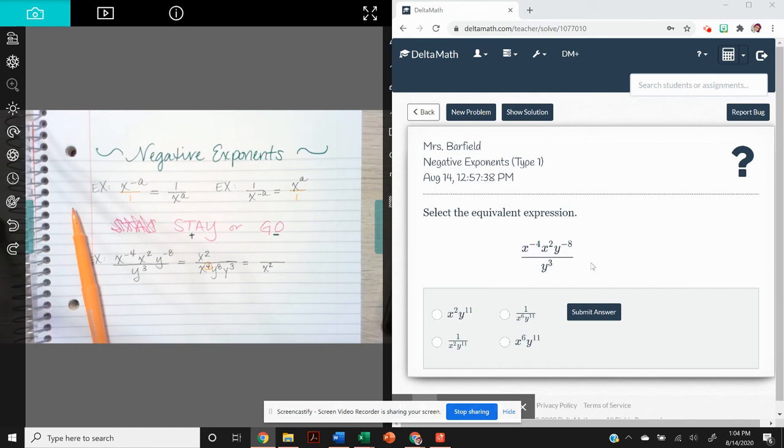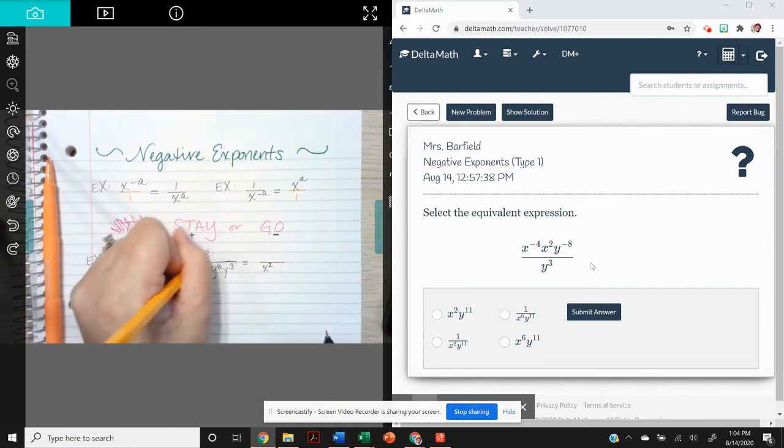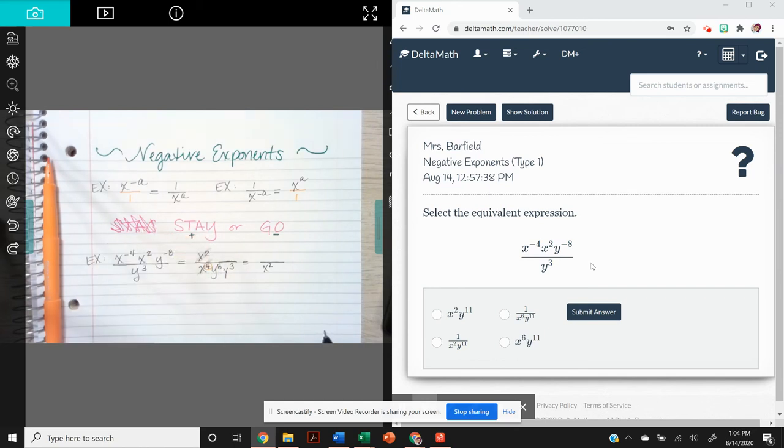So 4 minus 2 is x squared. I wrote it there. Now if you're thinking, how do I know I'm done? Well, if you've done 4 minus 2, I've got a pencil, I can cross those out because I'm done. I don't have to look at those anymore. Now I've got these two y's here. I've got y to the eighth and y to the third, and I have to do something with them.